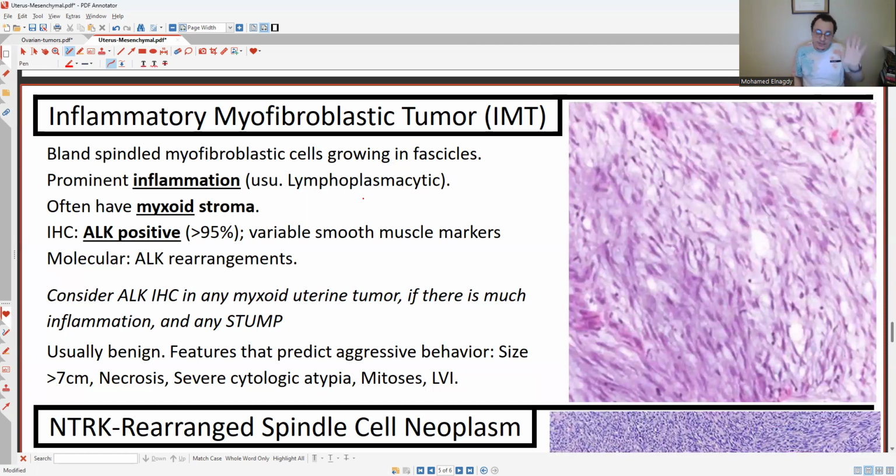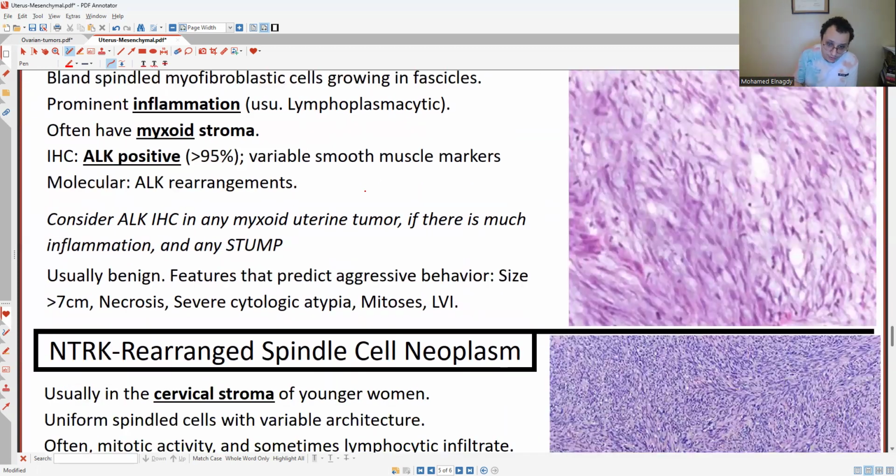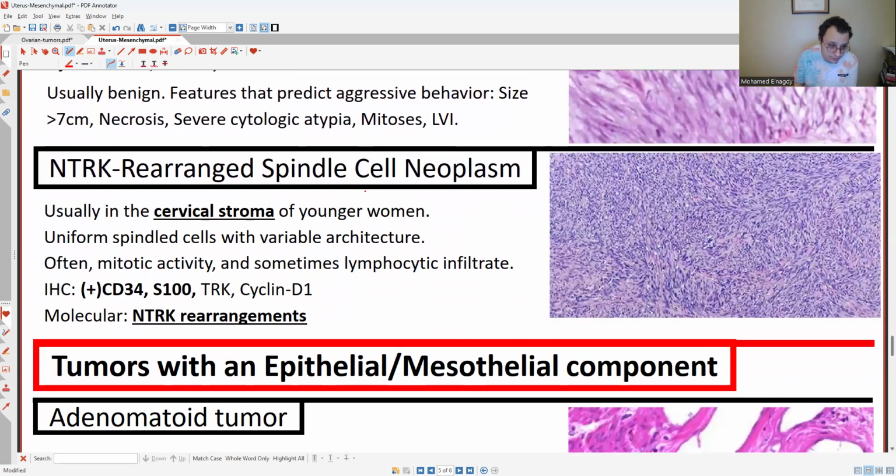Always the question for inflammatory myofibroblastic tumor is the ALK mutation. You have to do ALK staining and see whether this is ALK positive or ALK negative. More than 95% of IMTs are ALK positive, showing the ALK rearrangement by molecular testing. And we will cover this in the soft tissue tumors.